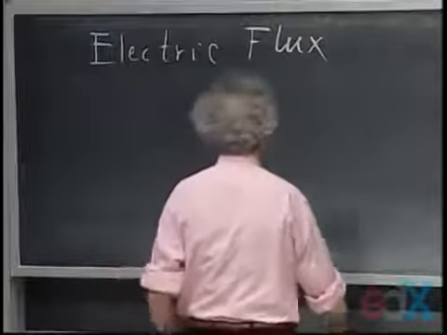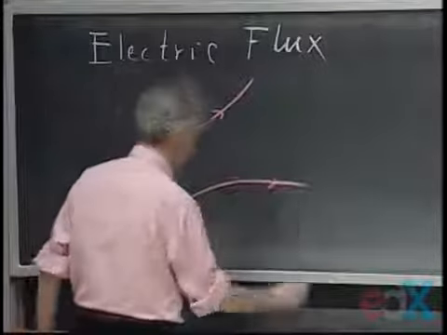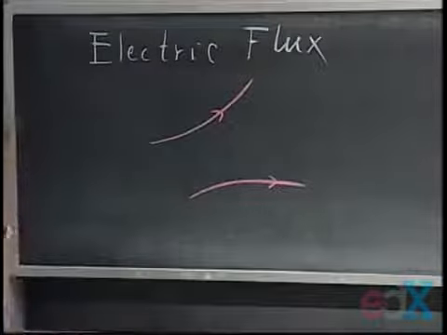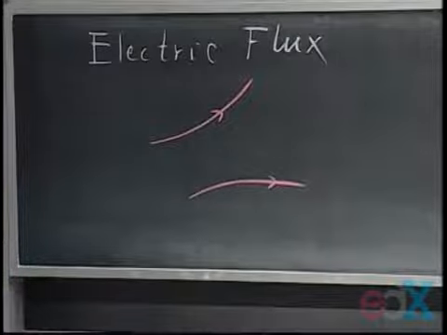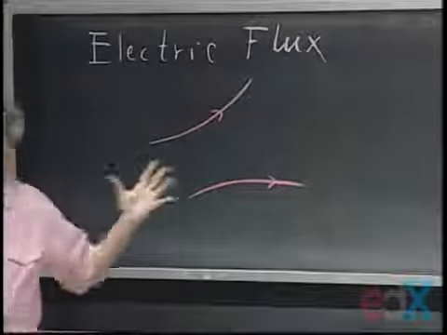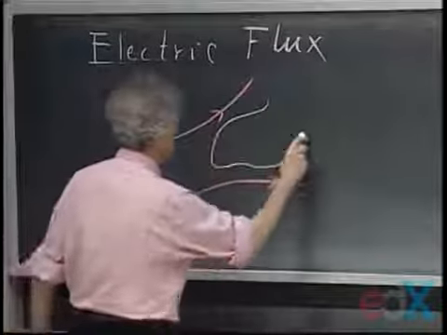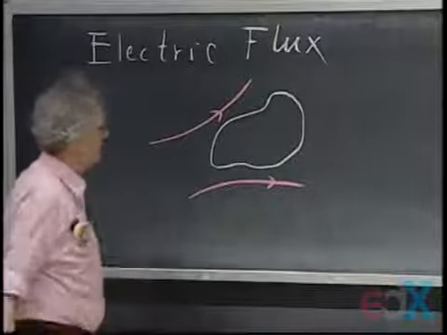Suppose I have an electric field, it is like so, and I bring in that electric field a surface, an open surface, like a handkerchief or a piece of paper. And so here it is, something like that.